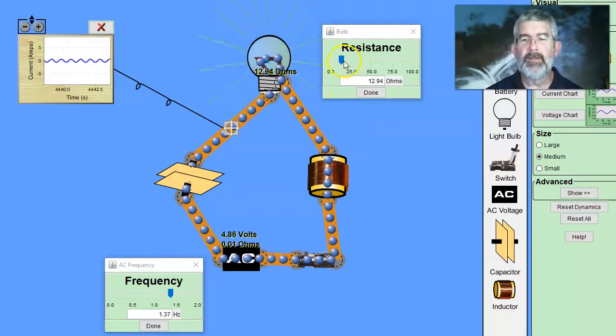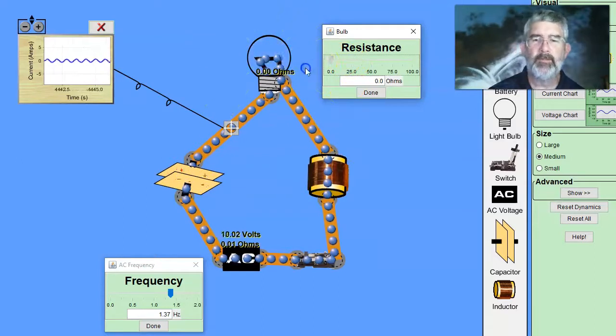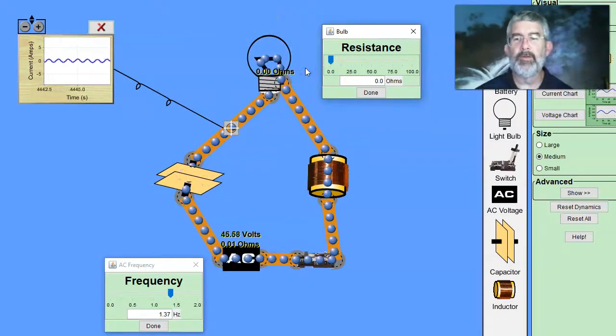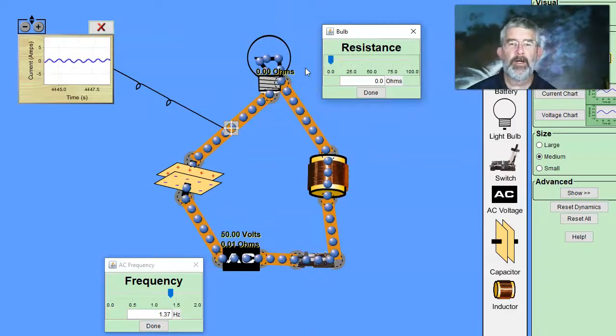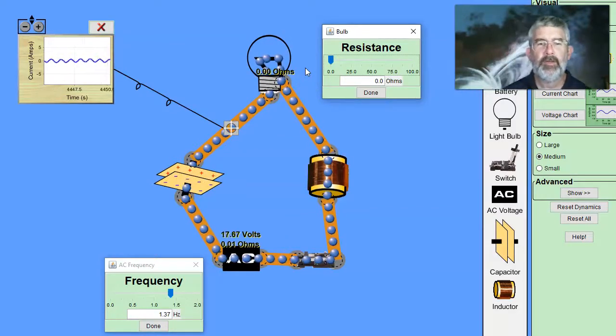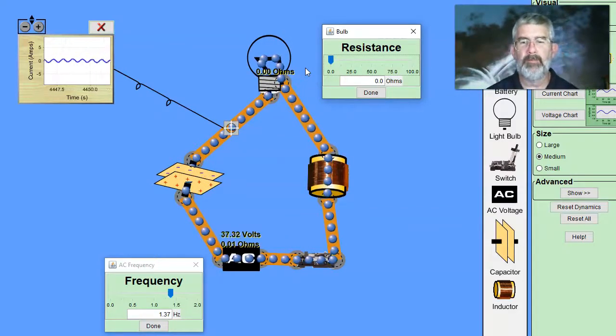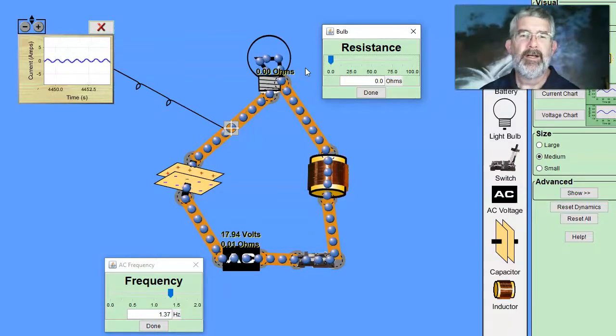Even if I take the light bulb and make it zero resistance, so this is now undamped, I still don't get much different than what the voltage source is.